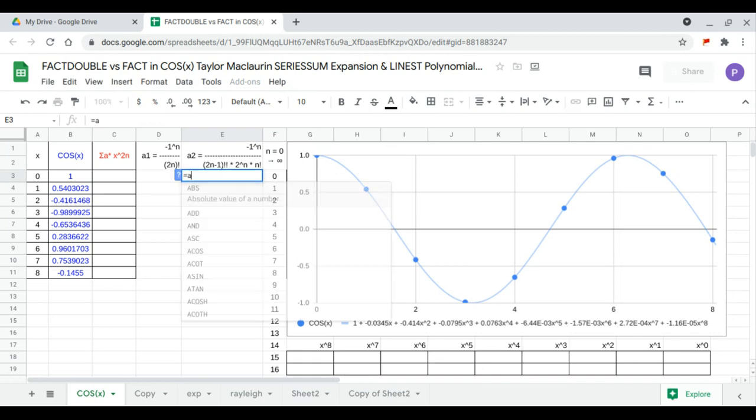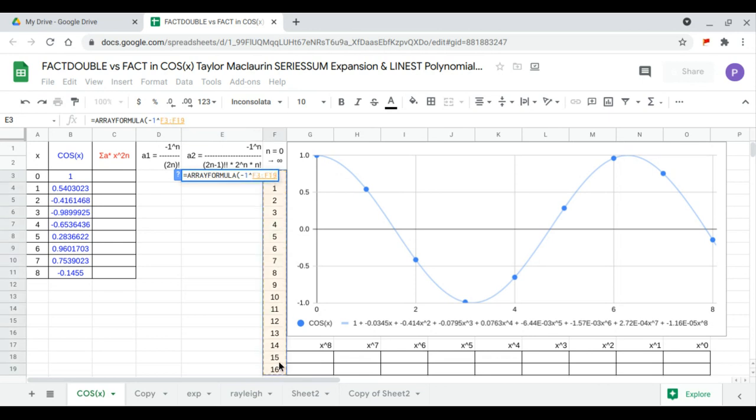Now we calculate the double factorial coefficient. So our formula, minus 1 to the power n all over. There are three parts. The first part, so double factorial. Double factorial 2 times n. So we copy the value of n here.